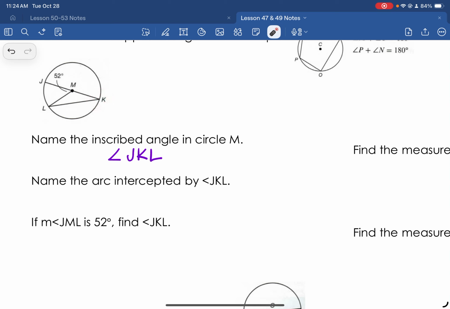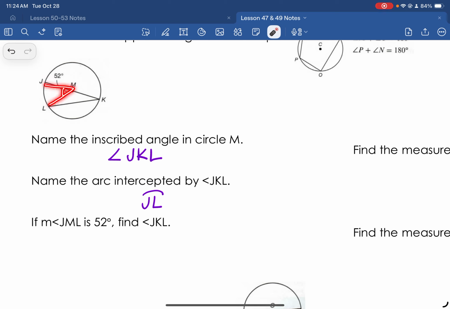The next question says to name the arc intercepted by that angle. So look right here. The answer is JL, and we have to use the little symbol up above it as arc JL.